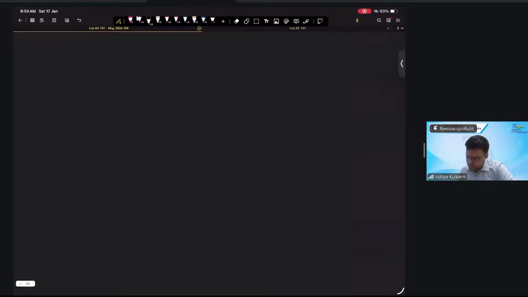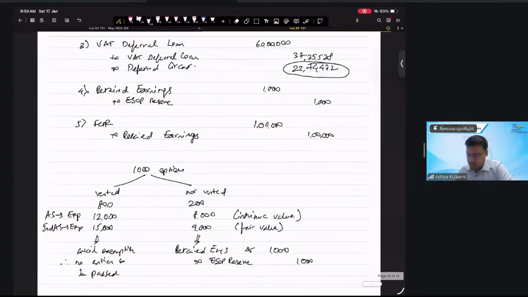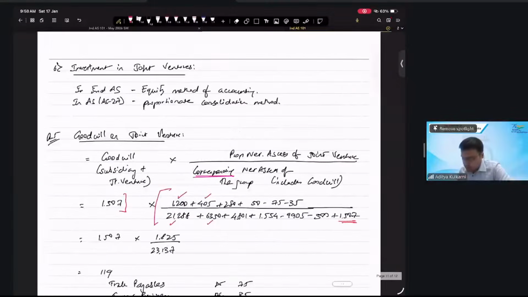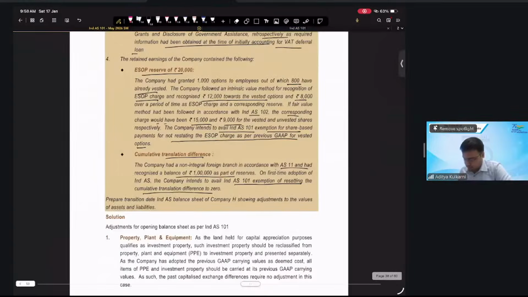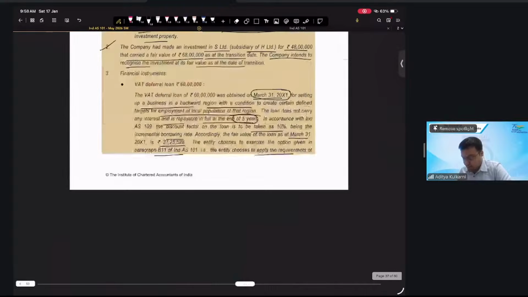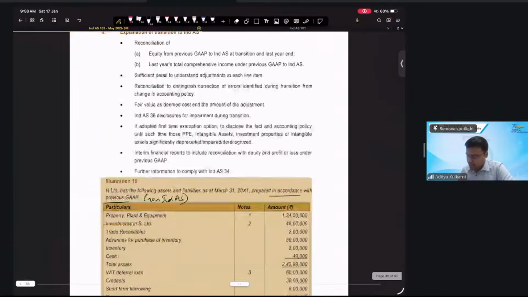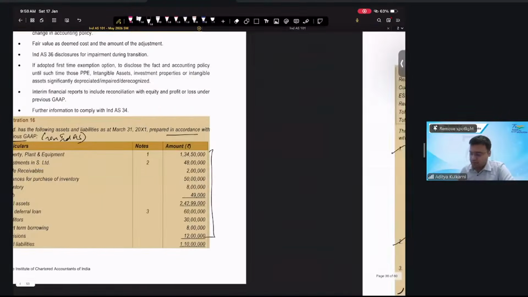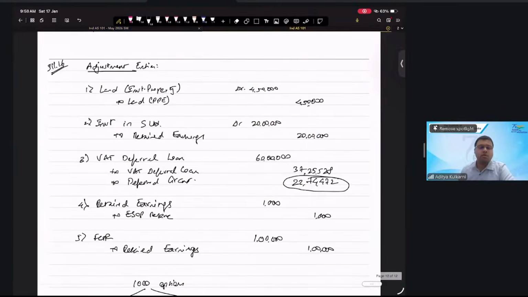So with that, I think we have completed all adjustments. What I want you to do for homework is to prepare the balance sheet of this company. It's very simple. You have these items, you have the journal entries. Go on giving the double effects. You will get the opening Ind AS balance sheet as on 1st April 20X1.